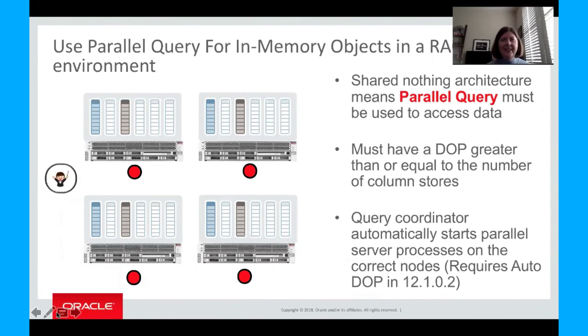Yeah, that's what I was trying to make sure I'm on the same page about. So you don't have to enable a column store on all of the nodes. Say, for instance, in your RAC cluster, you might want only a certain number of nodes to have the column store and be available for analytic queries. So you just wouldn't allocate a column store on the other nodes.